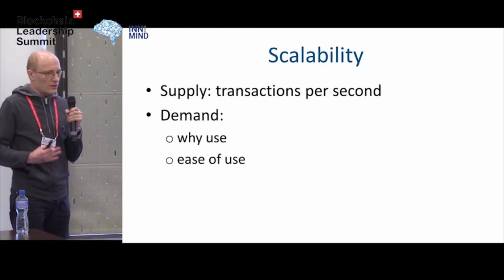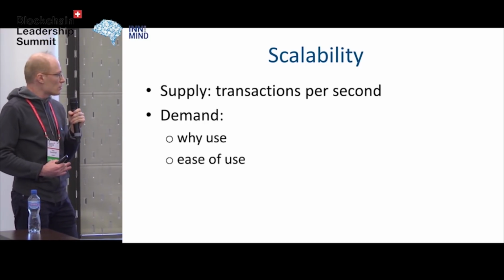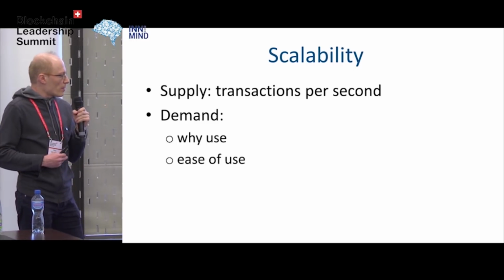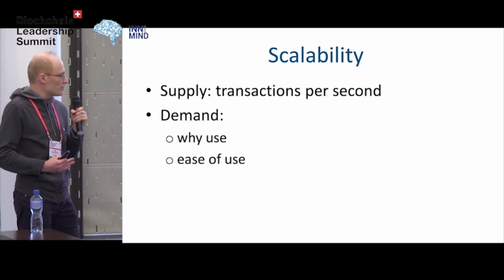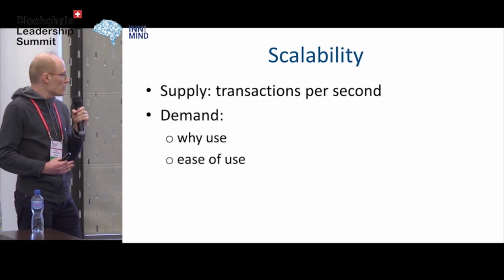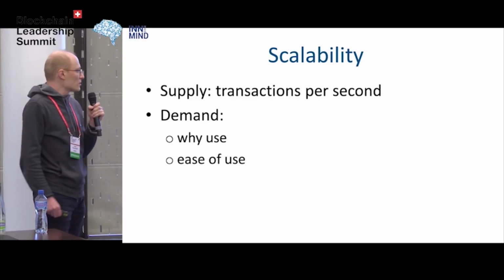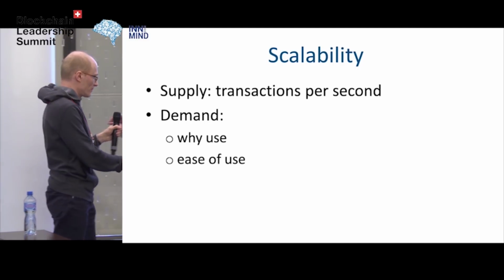And this is about the supply side of scalability. But there is also the demand side, which is why should users use this crypto platform and how easy it is to use. So next, Steve will tell about the ease of use that we have in Byteball.